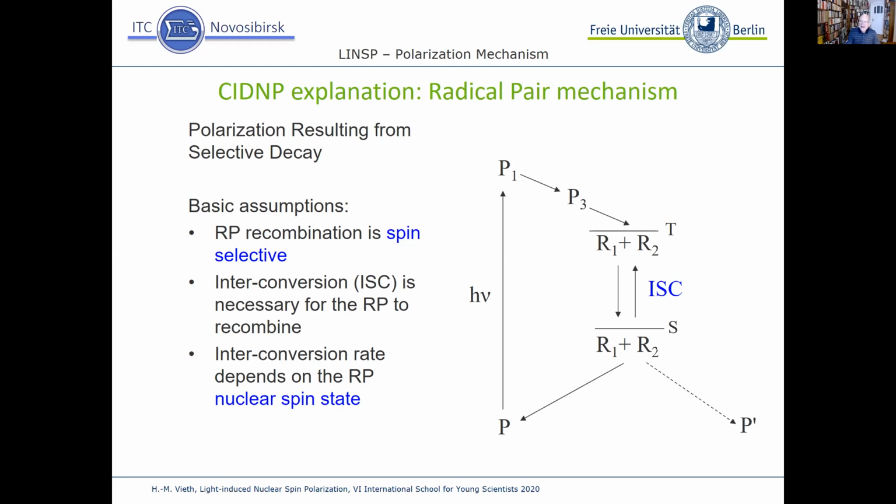So in order to get back, for example, in this reaction to the initial ground state or to another diamagnetic reaction product P prime, we have to have a pathway that changes the triplet radical pairs to singlet correlated radical pairs with different spin orientation.